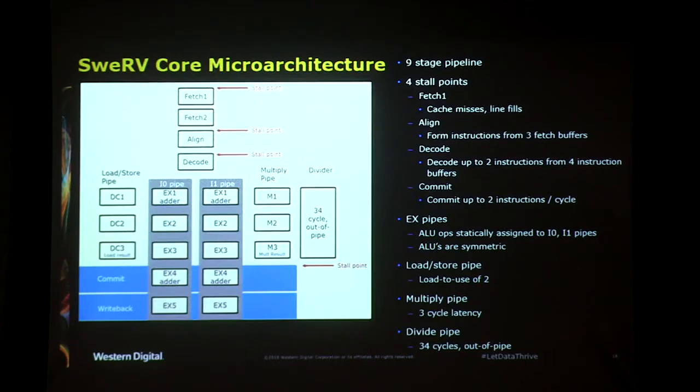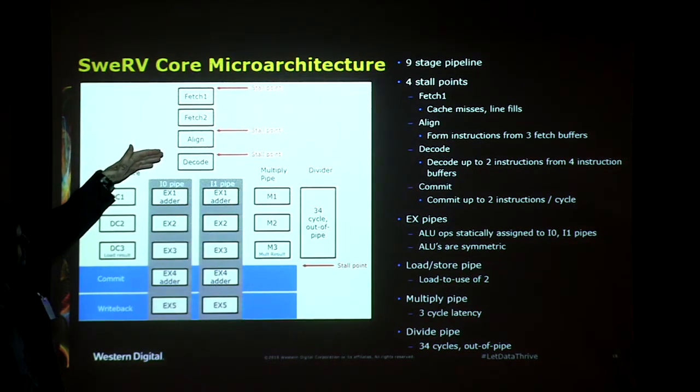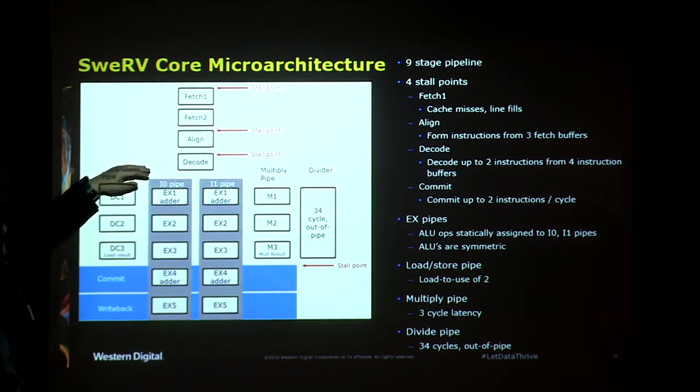Then the next thing, that you may notice if you look at our execution pipes, is that we have these nine stages in the pipeline: a fetching stage, an aligning stage, when we form instructions from the actual buffers, a decoding stage, and then we are committing up to 2 instructions per cycle, and we have a separate load store pipe that will interact with the memory.